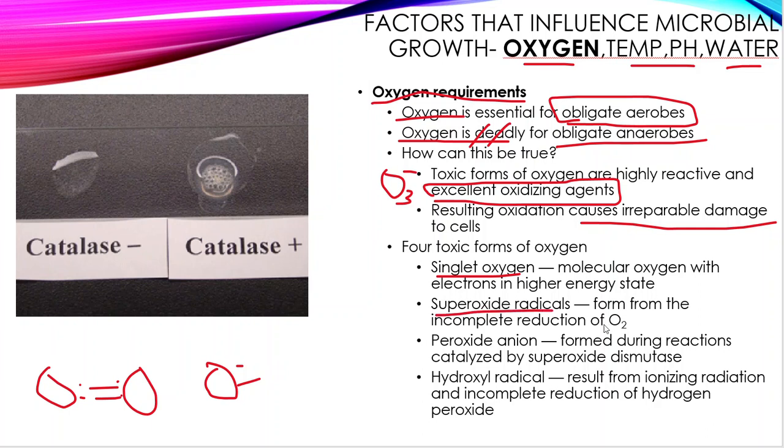Superoxide radicals, when these guys aren't completely reduced, they get this. We also have the peroxide anion. We use superoxide dismutase. That's one of those enzymes that we have to make this harmless. The peroxide anion is simply, you guys know, peroxide is H2O2.